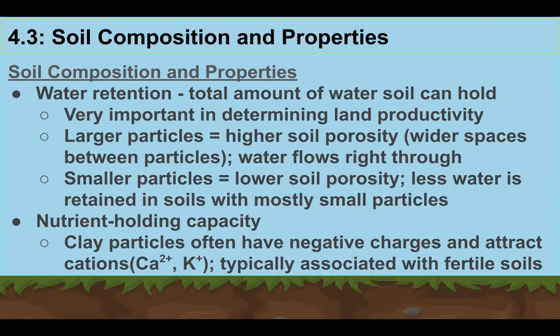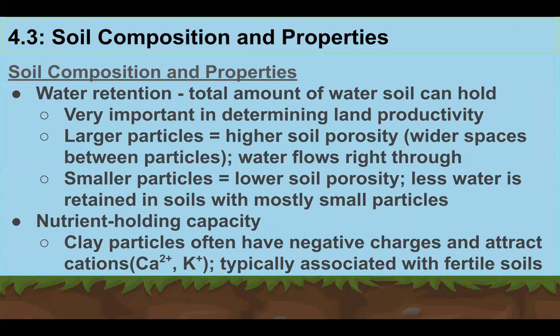If it can't, then that's not going to be very good for primary productivity, where plants need to get their water from the soil. Okay, so the larger particles like the sand have higher soil porosity, but water is not going to get held by it, so it just kind of flows right through.